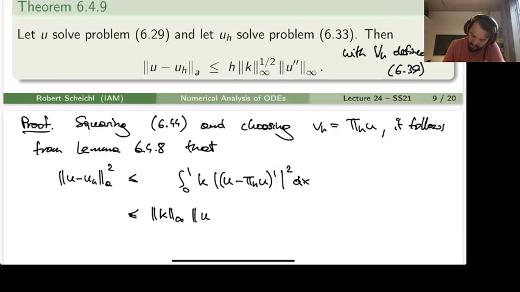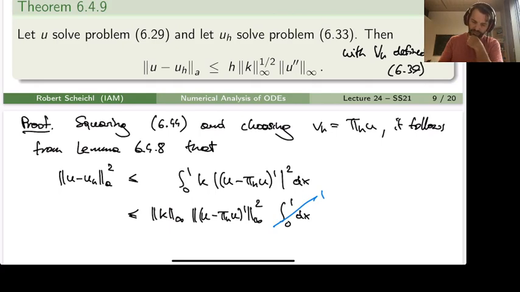That's U minus pi HU primed in infinity norm squared. And then all that's left is the integral from 0 to 1 dx, the length of the interval, and obviously that's just 1.